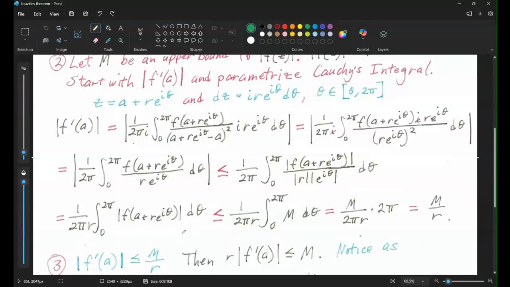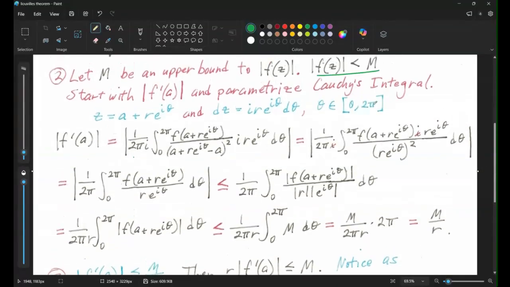And now we just have f of z parametrized by theta. And now the strategy is to bound this with our M, which is what we did up here. So this is less than or equal to M, which means if we take this and substitute M for this, then we get this inequality. So this is greater than or equal to this.